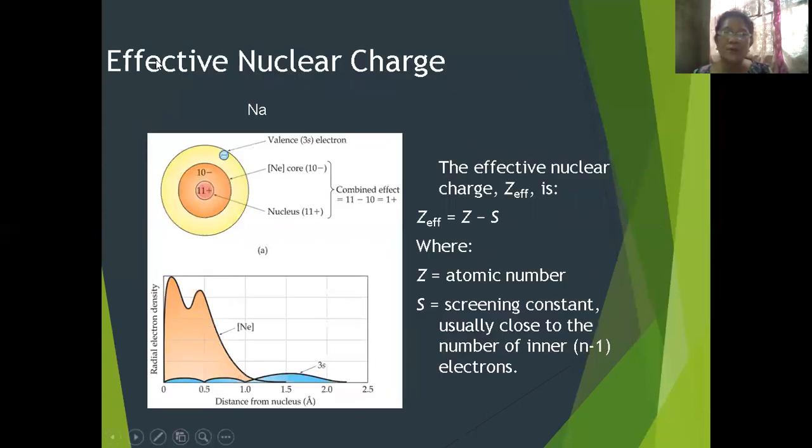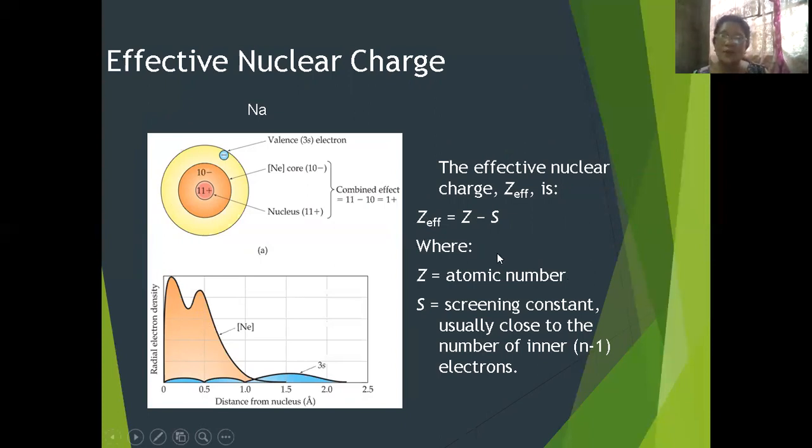So how are we going to compute the effective nuclear charge? Effective nuclear charge has the formula Z eff equals Z minus S. This eff is effective. This Z is the atomic number. Na?